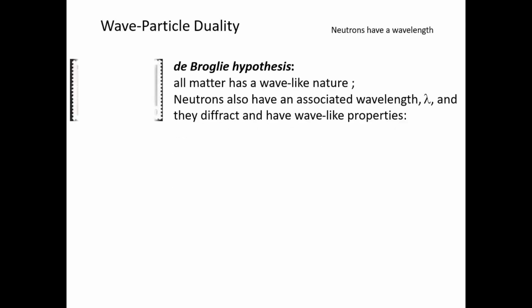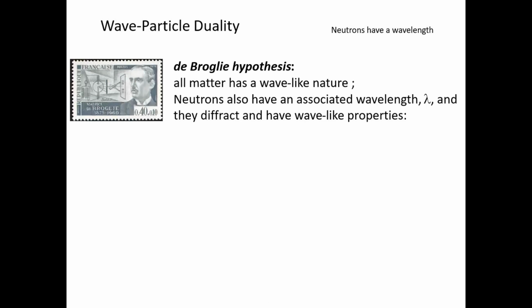If I recall, on wave-particle duality, de Broglie has already spoken on this, that every particle has an associated wave. So the neutrons, since all matter is wave-like in nature, also have the associated wavelength, and they show wave-like properties, and therefore energy is related to the frequency, and the frequency is related to the wavelength, and the wavelength is given by h divided by m into v.